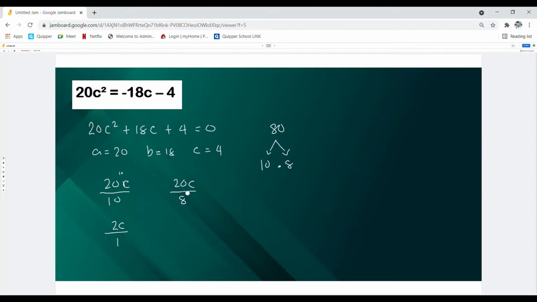And then 20c and 8 are divisible both by 4. This one you can reduce by 2. Why 2? Why not 4?